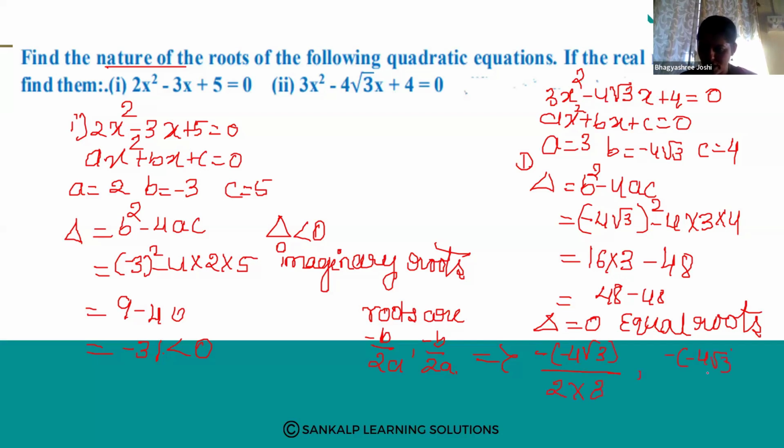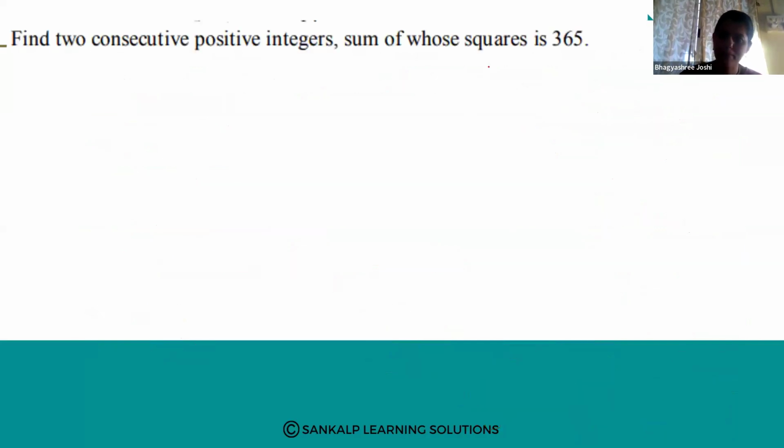Minus into minus is plus, so 4 root 3 divided by 6 you will get. So 2 twos are 4, 2 threes are 6. That means 2 root 3 divided by 3 and 2 root 3 divided by 3 are the two roots you are going to get here. Next.